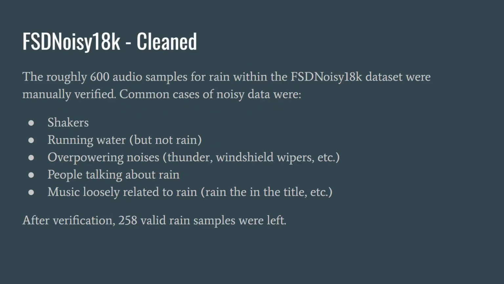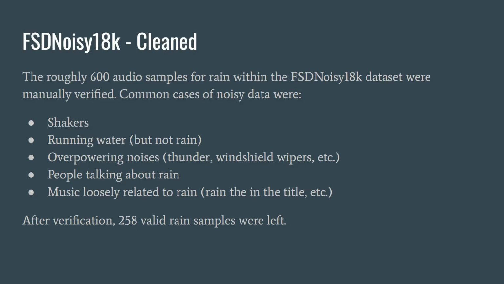I personally verified all 600 audio samples of rain from the FSD Noisy 18K dataset. Some of the most common cases of mislabeling were shakers, running water, overpowering noises such as thunder, windshield wipers, or clips with only thunder itself present in the clip.